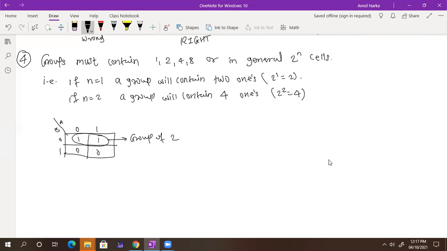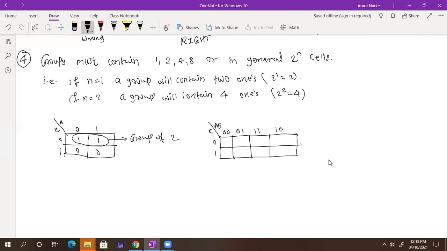Now can someone tell me, suppose I made a 3 by 3 one, we should have 8 cells here. So 1, 2, 3, 4, 5, 6, 7, 8. Here we have AB, here we have C. 0, 1. Here 0, 0. Here 0, 1. Here 1, 1. And here 1, 0.